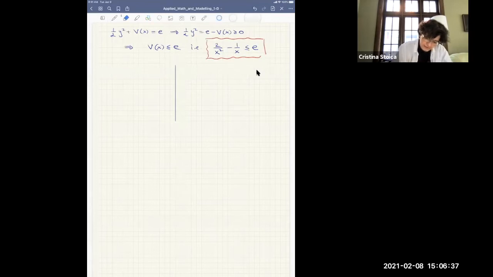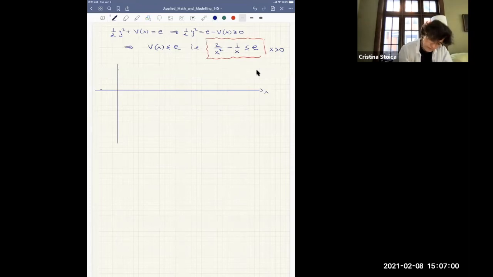Okay, and this is only for x positive. I should put it aside somewhere, so I don't need to draw the left-hand side. X, okay.